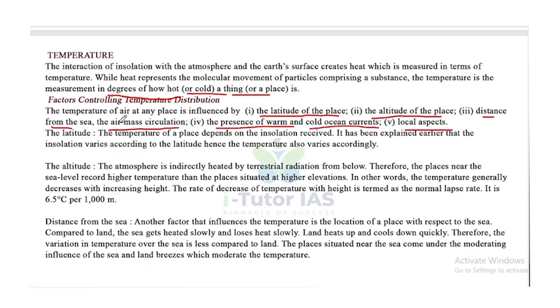These are some of the factors which control the temperature distribution. Now, first one, the latitude. The temperature of a place depends on the insolation received. It has been explained earlier that the insolation varies according to the latitude, hence the temperature also varies accordingly.